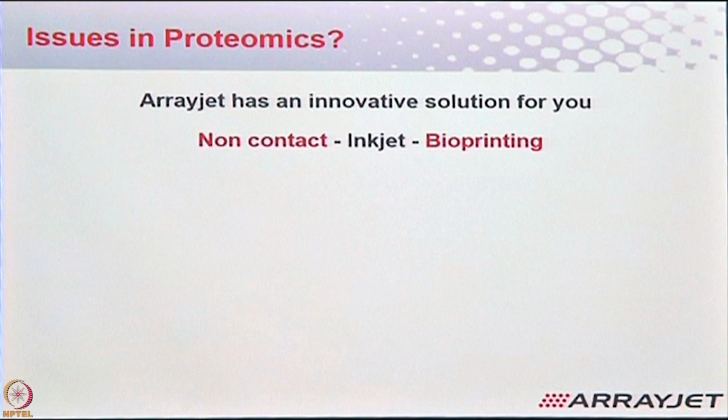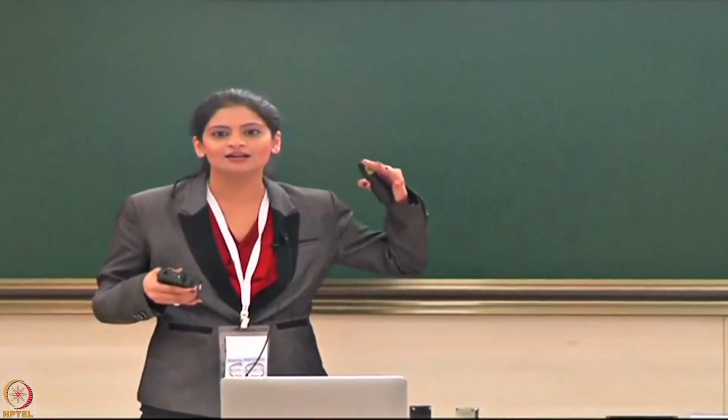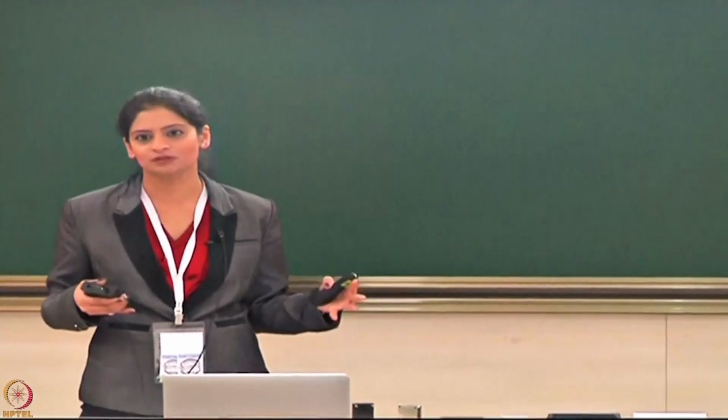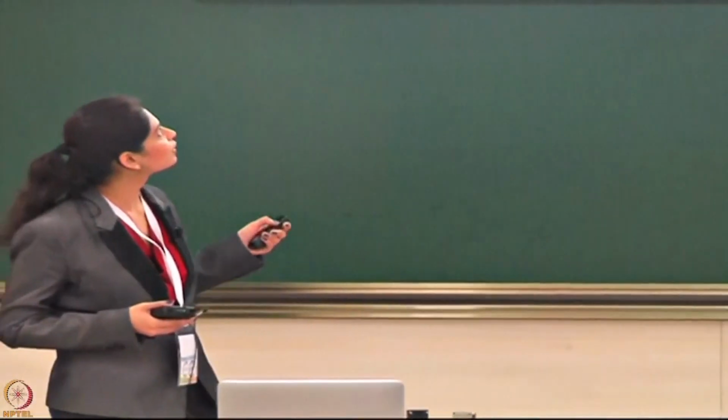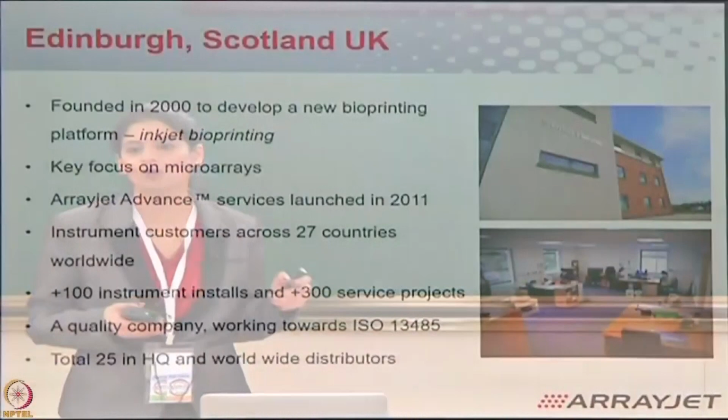But it has to be cost effective. It has to use less of your precious sample, because that's the most important thing. You're trying to conserve, save samples and get as many accurate runs out of it as possible. And that is why we've got inkjet bioprinting.